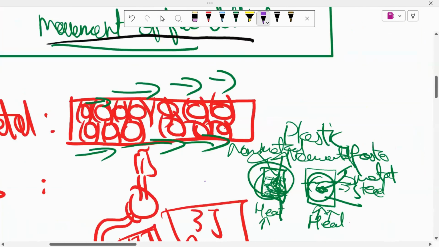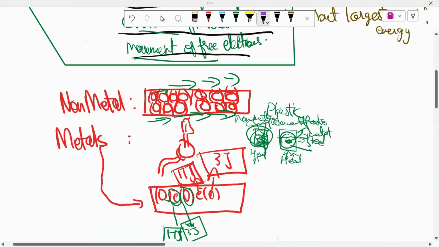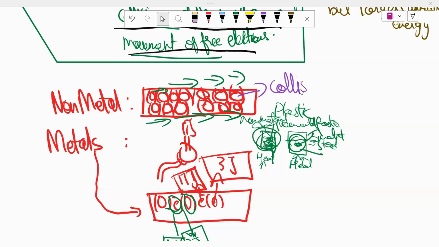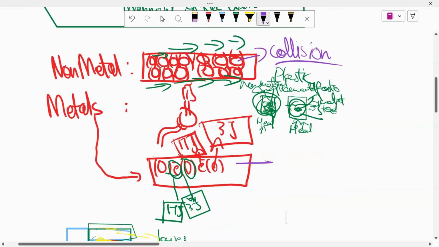Now, conduction can happen in metals and in non-metals. In non-metals, conduction happens due to the collision of molecules. In metals, it happens due to the collision too, but with it there are also free electrons.